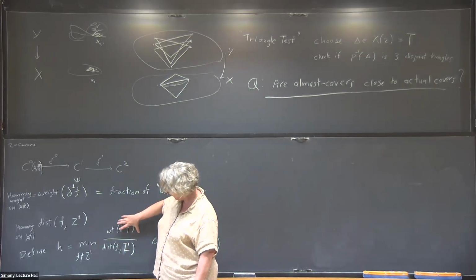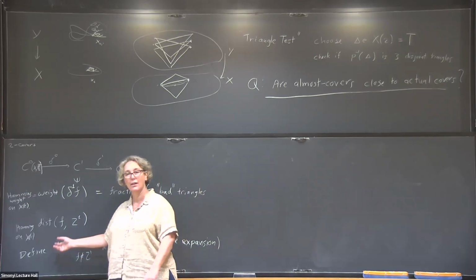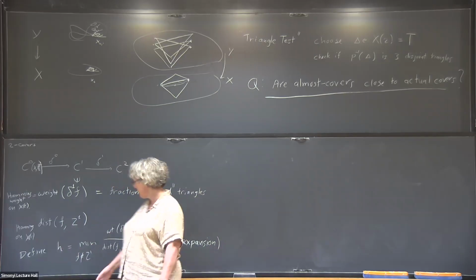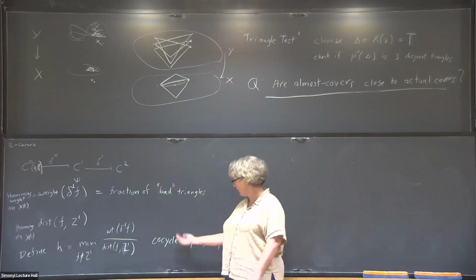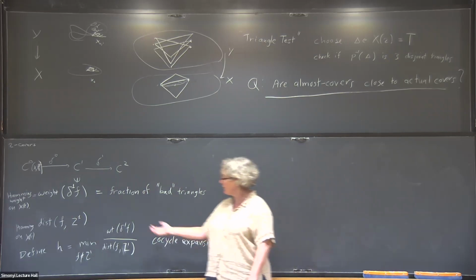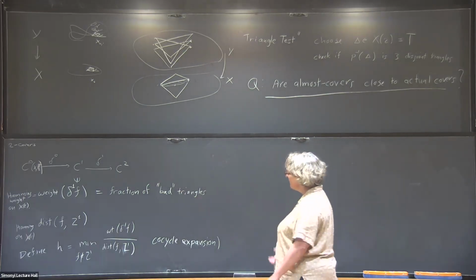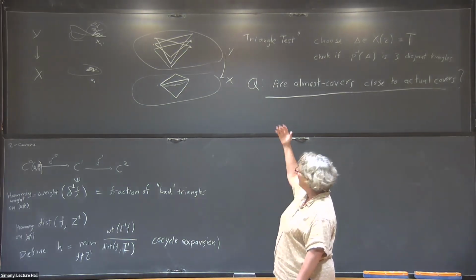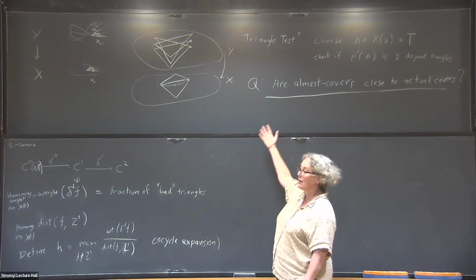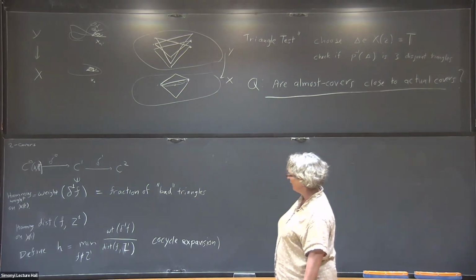And so when the weight is at most epsilon, the distance is at most epsilon divided by H. So a graph or a complex is a cocycle expander when this ratio is lower bounded. And this means if you have a cocycle expander, whenever you have an approximate cover, you can fix it to be an actual cover.